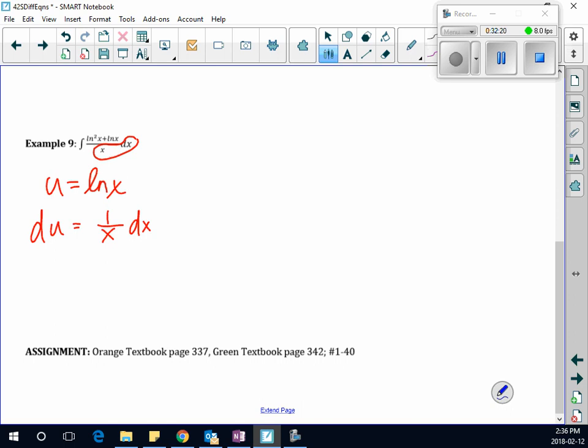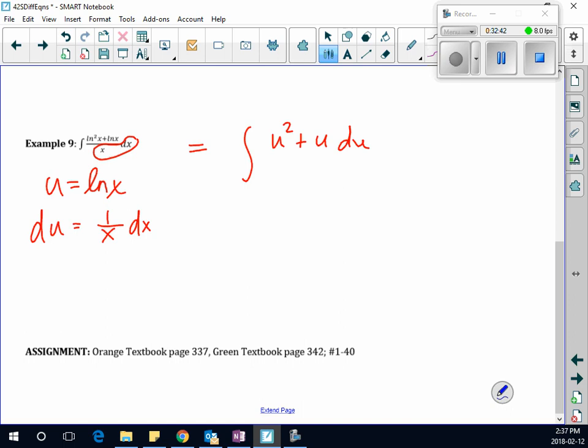When you pick stuff, think about what's going to be lying around afterwards. If you pick ln x and you find the derivative, it's 1 over x. There's my leftover 1 over x dx. Do you see? So this would be the integral of u squared plus u du.